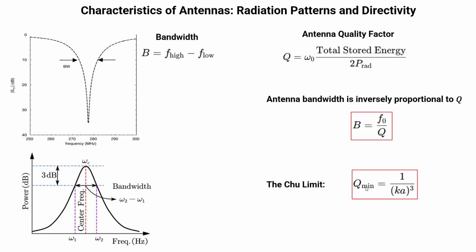Again, the lower quality factor, the better for the antenna. So this Chu limit simply tells us that if I make my antenna smaller and smaller, I'm reducing this a, right? This ratio will get higher and higher. So a smaller antenna makes the minimum quality factor larger and larger.